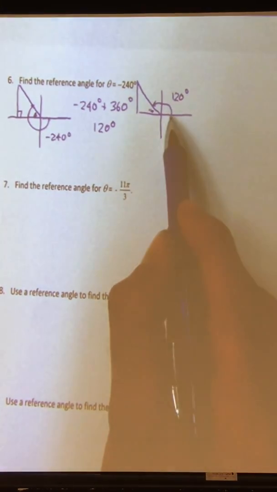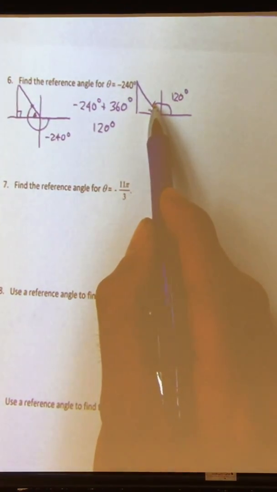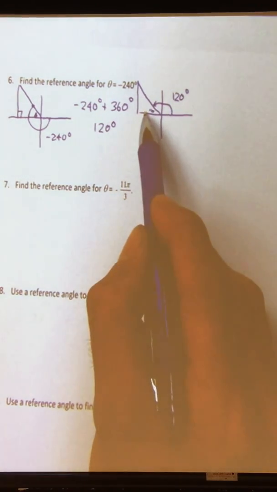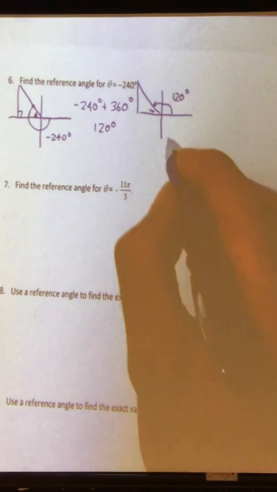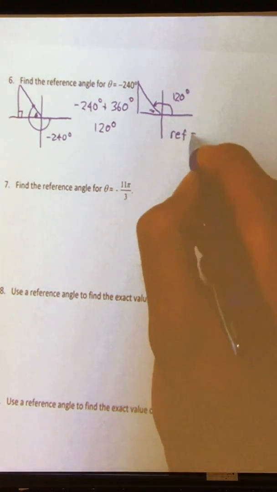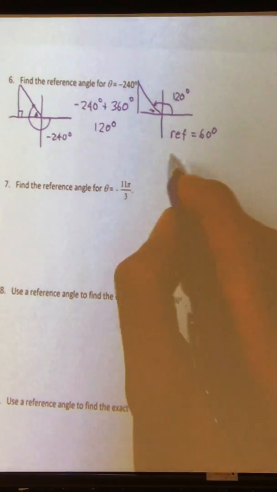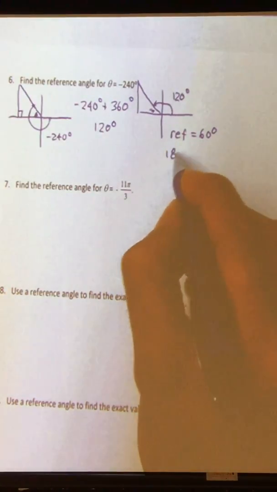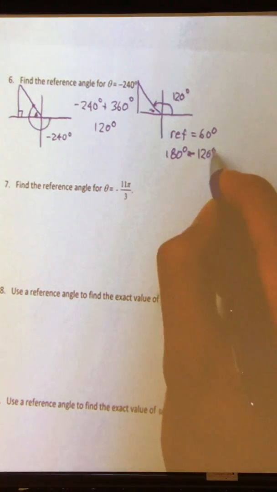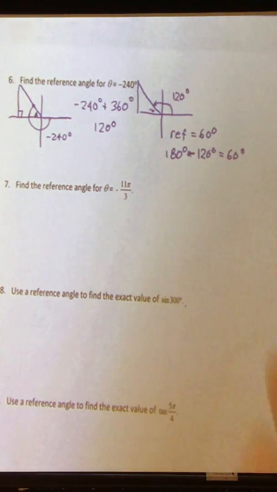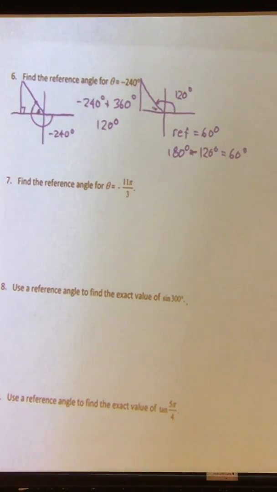If you've already rotated through a 120 degree rotation and you know halfway is 180, how much more do you have left? And that would be 60 degrees. So your reference angle is 60 degrees. If you want to see the math, then that would be 180 minus the given angle of 120. And that's still a different way to show the reference angle.